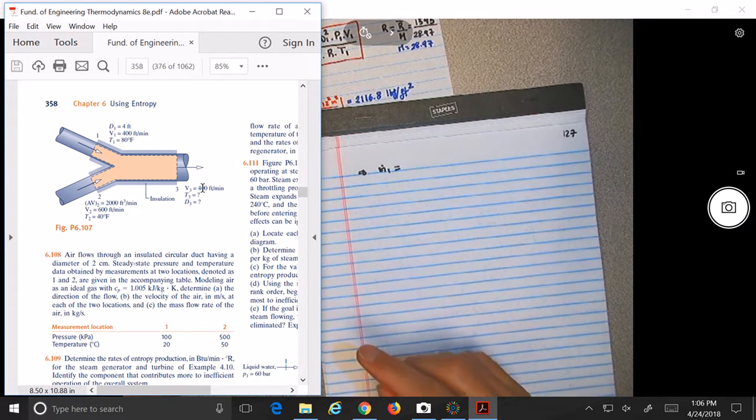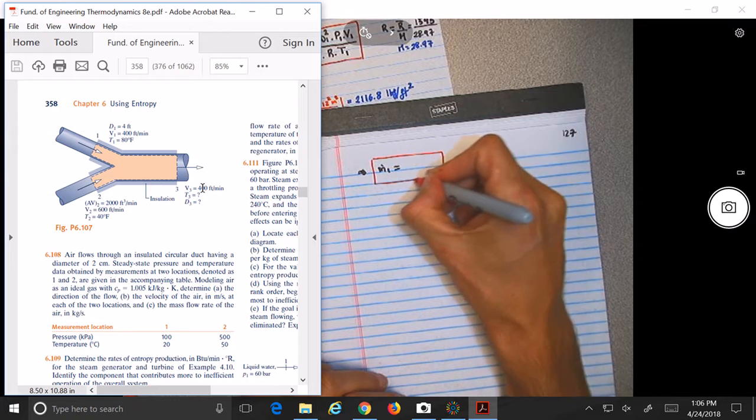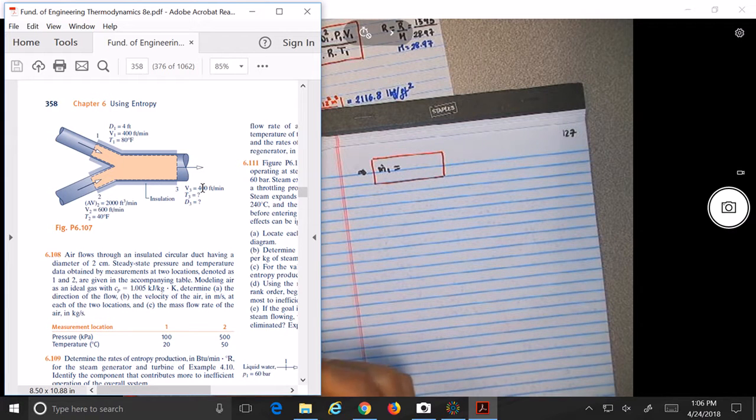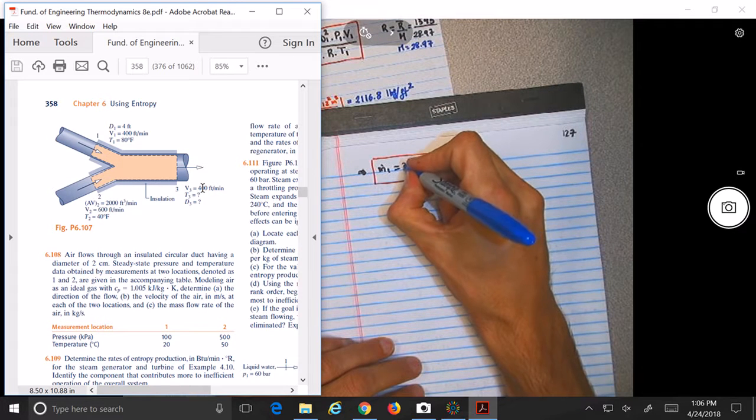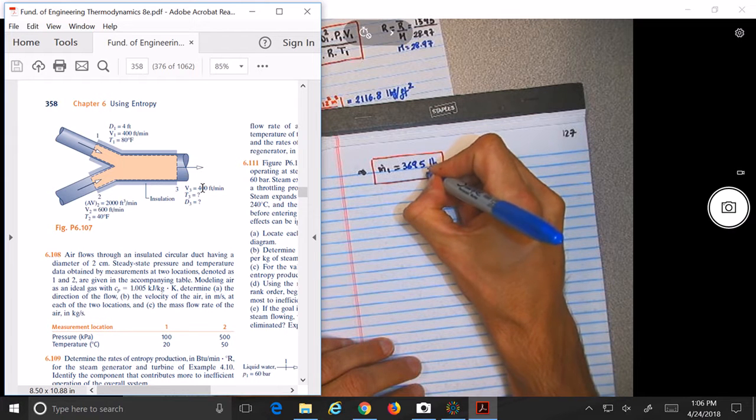Okay guys, I could just look at the solution and give it to you, but the whole idea is to solve the problem with you. 369 pounds per minute. You get exactly 369 or 369 point something? 369.5. Yeah. That's also what they have on the solution, okay?